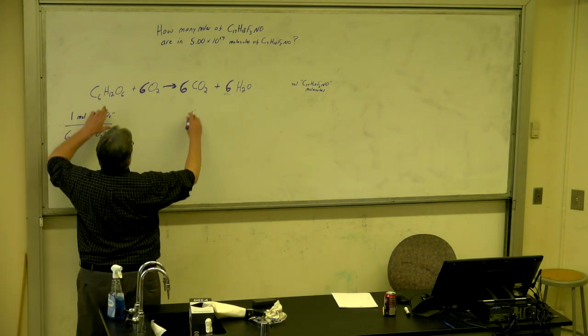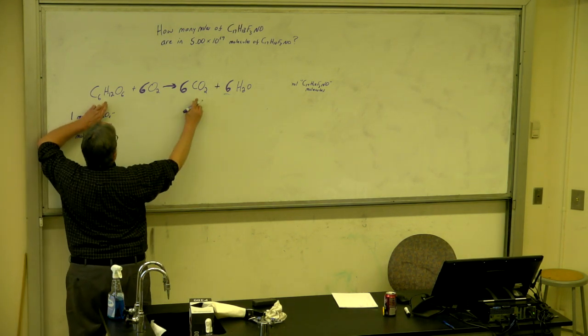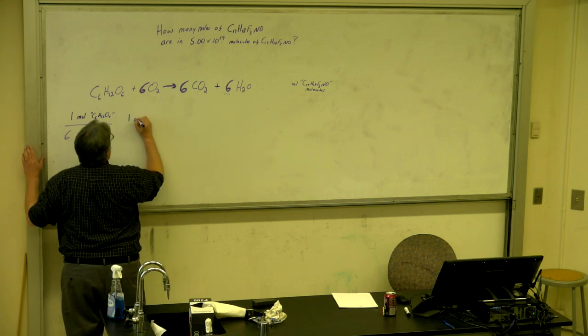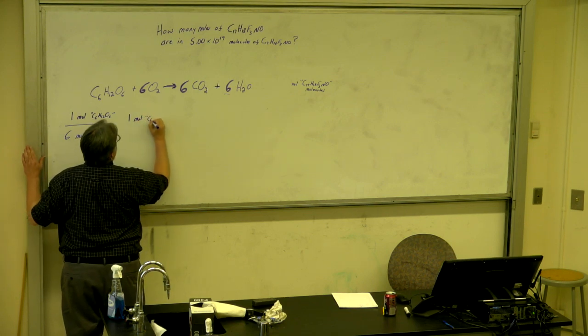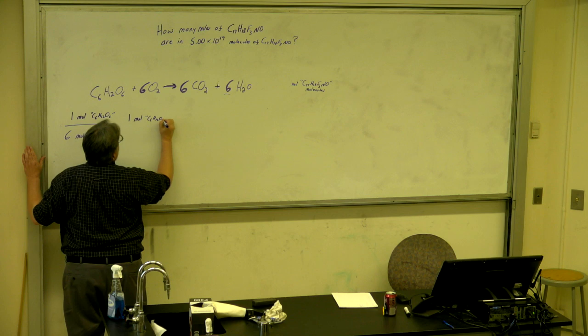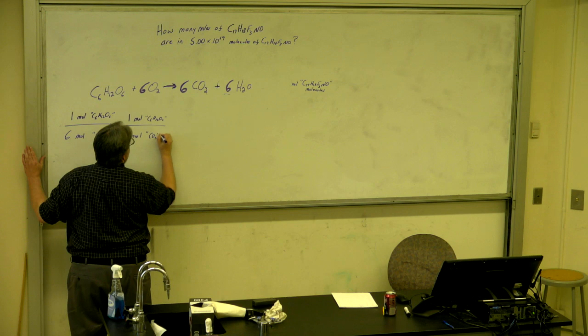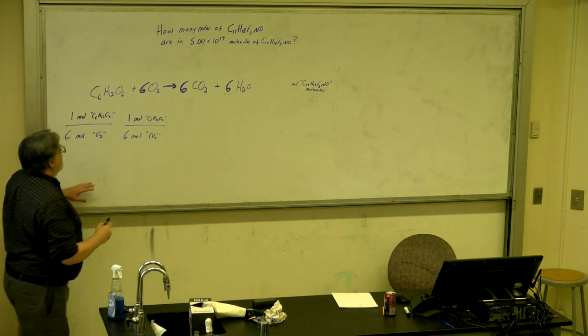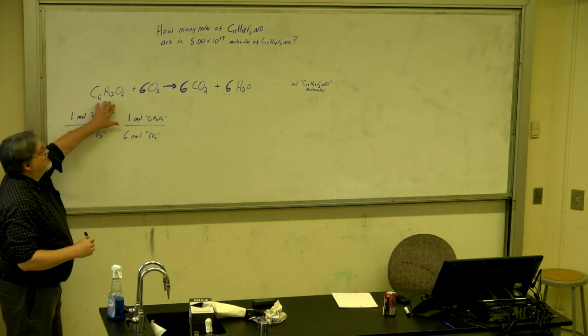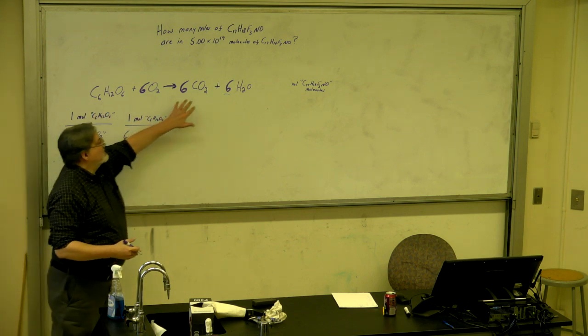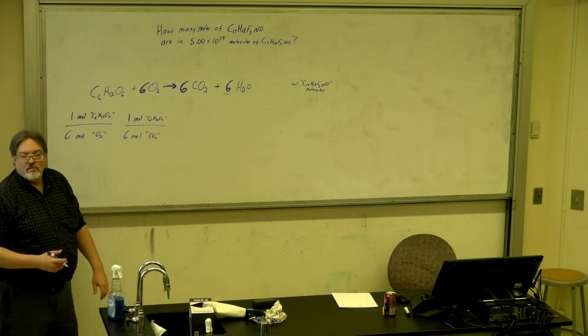The next relationship, I'll do these two. I did these two, now I'm going to do these two. 1 mole C6H12O6 to 6 moles CO2. That's telling you for every 1 mole of these that react, you will get 6 moles of CO2.